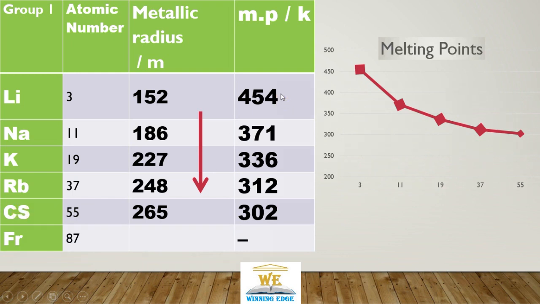So it is consistently reducing from lithium to cesium, while atomic or metallic size consistently increases down the group. So what is the correlation between these two?